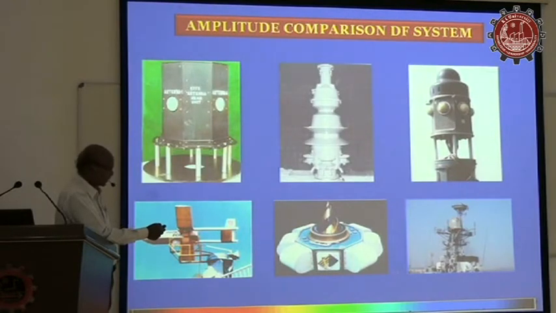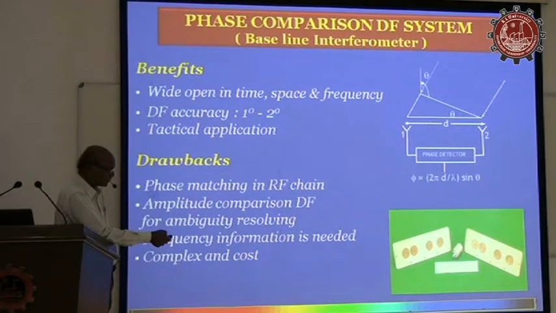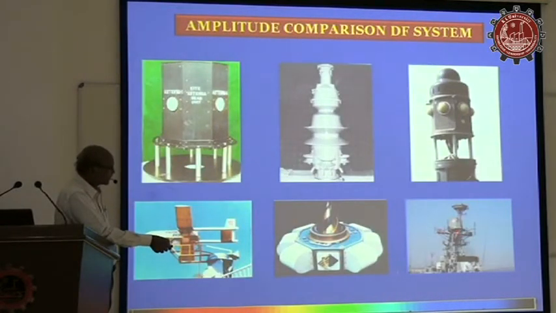These are others for underwater applications. This is a DF antenna using log periodics. This is what I am showing. This is an ADF antenna using constant beamwidth horns. This is a DF antenna using spiral antennas covering up to 18 gigahertz.